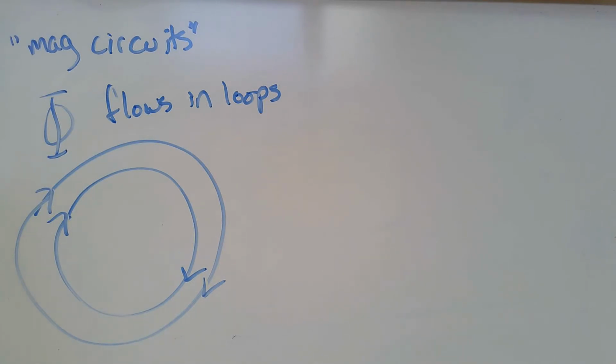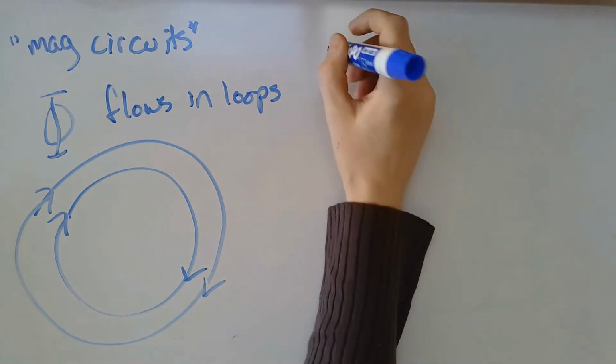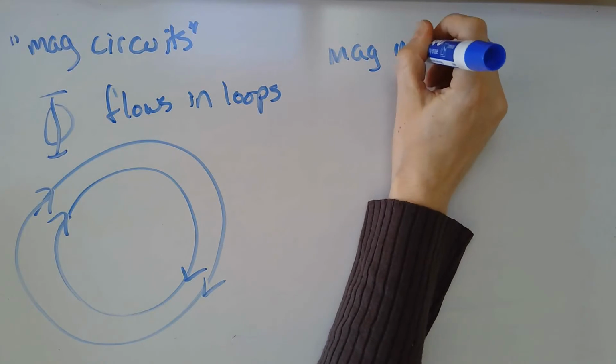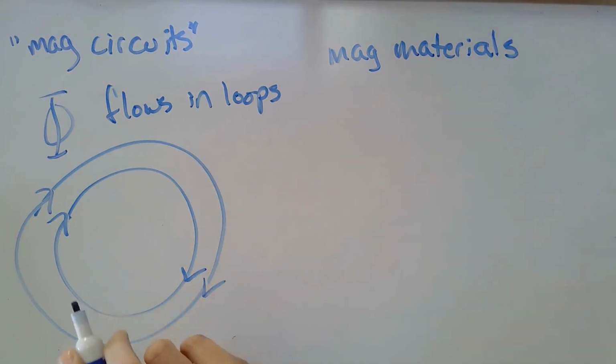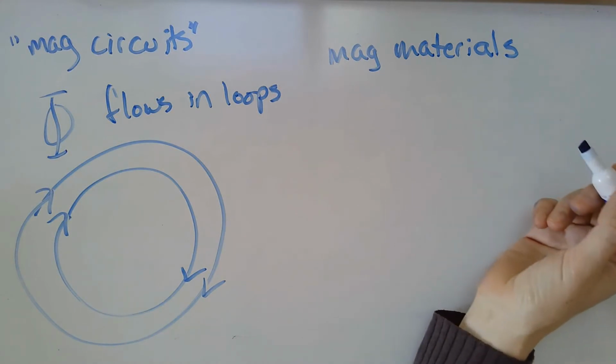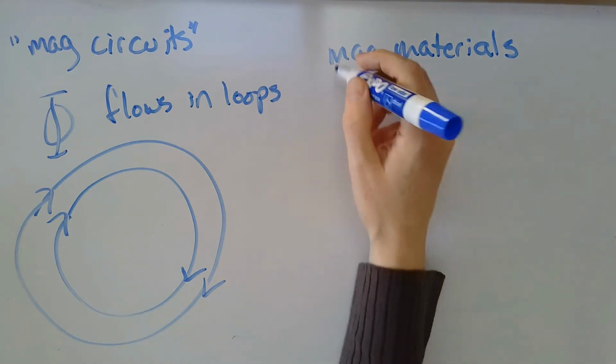And since we have magnetic materials now that confine magnetic fields, by magnetic materials I mean things with high values of permeability, mu.